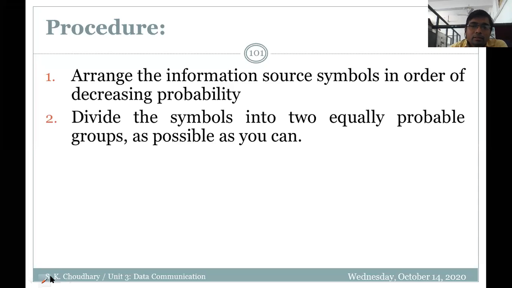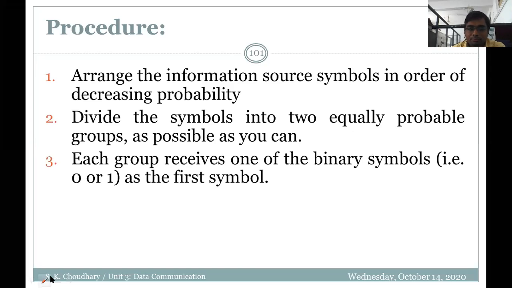It is not guaranteed that in each division you would get equally probable messages above and below the division. Maybe an unequal probability division could also occur, but you have to try to make two groups as equally probable as you can.